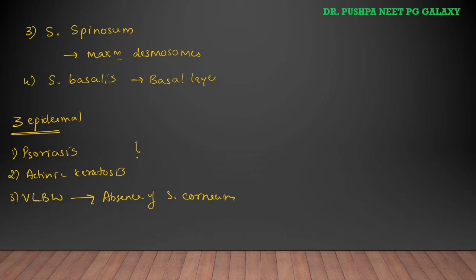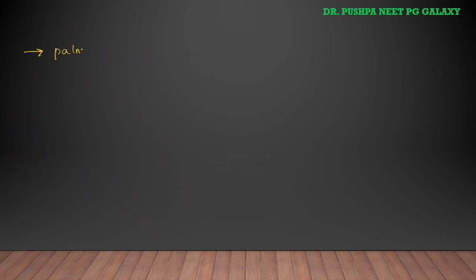Whereas in psoriasis and actinic keratosis, there is absence of stratum granulosum. In this, only 3 epidermal layers are present. In palms and soles, we can see 5 epidermal layers. One extra layer is stratum lucidum. This is non-nucleated epidermal layer.